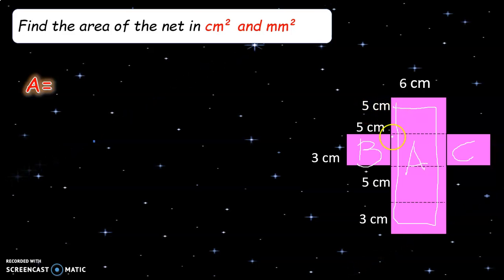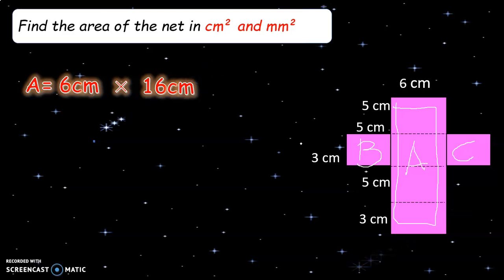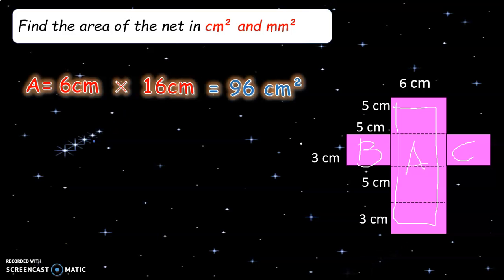This is 5, this is 3 centimeters, this is 5, and this is also 3. So 5 plus 3 plus 5 plus 3 is equal to 16. And the length will be 6. So 6 centimeters times 16 centimeters is equal to 96 centimeters squared.